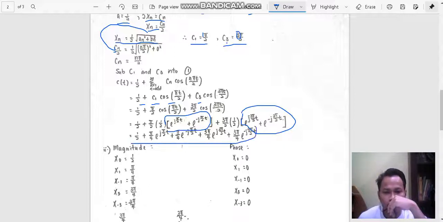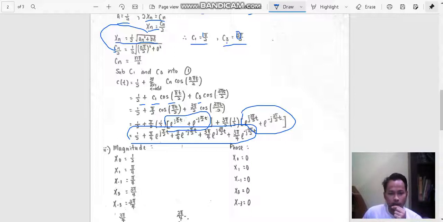This answer represents not only the simplified equation, but also gives us the magnitude and the phase of our signal.